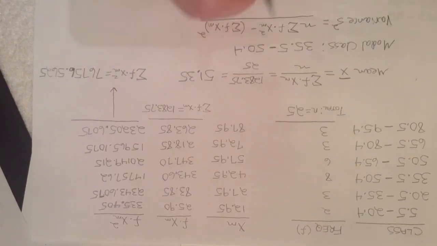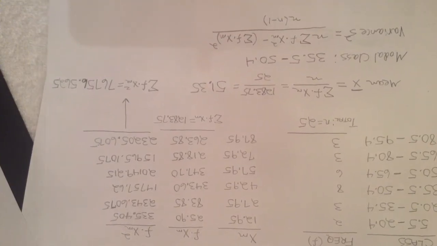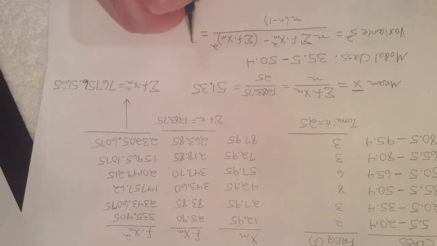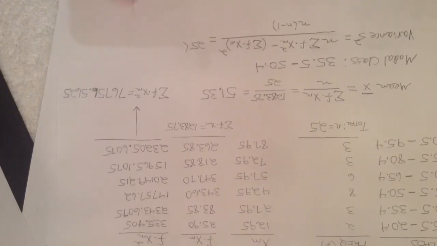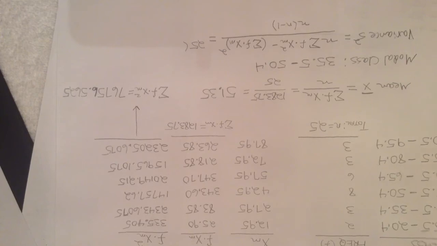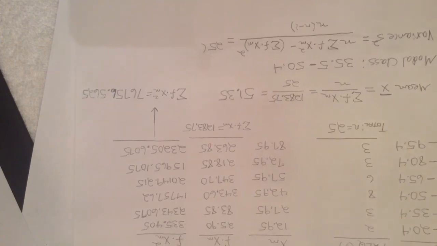And again, we have divided by n times n minus 1. So for the variance, if we were to plug in accordingly, n is 25, and we have the sum of the products of the frequencies and the squares of the midpoints.